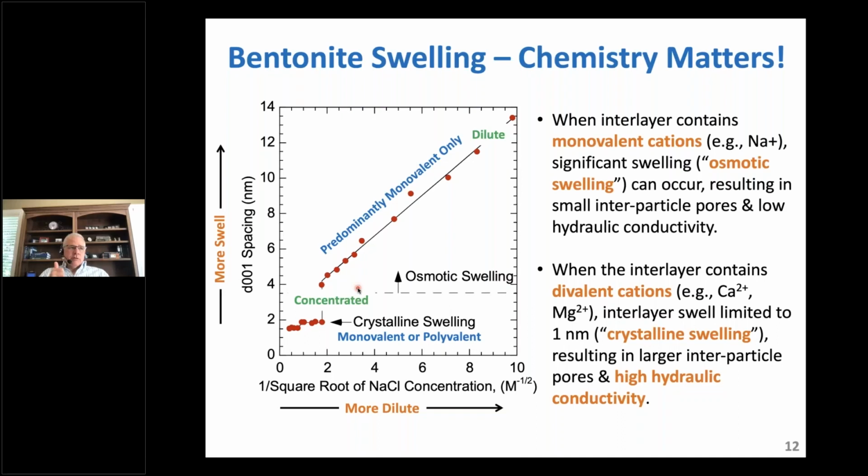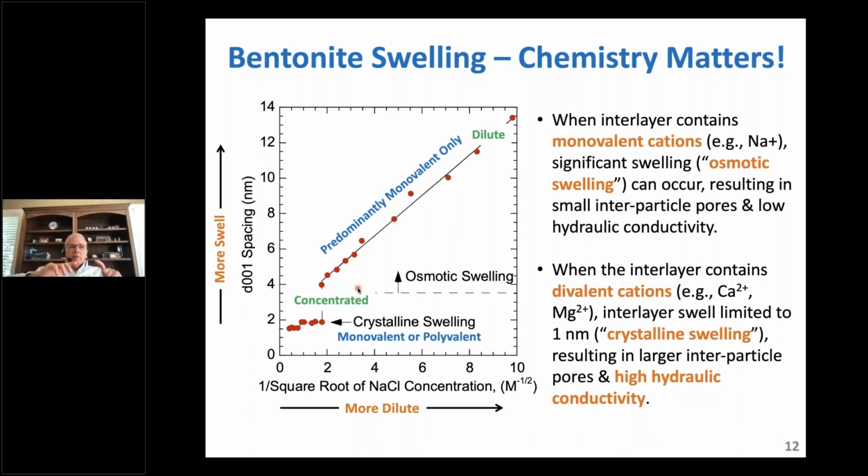The other thing that he showed is that the swelling was very sensitive to the valence of the cations. When it was a monovalent cation, a sodium or a potassium, we could get very high swell in dilute solutions.